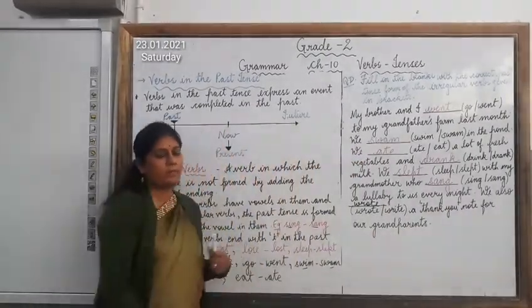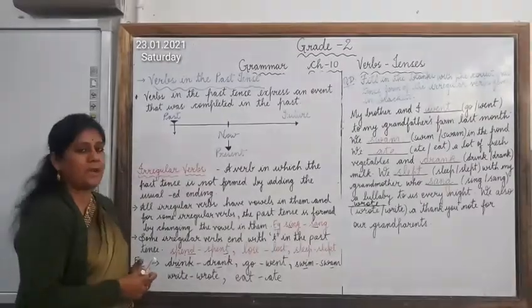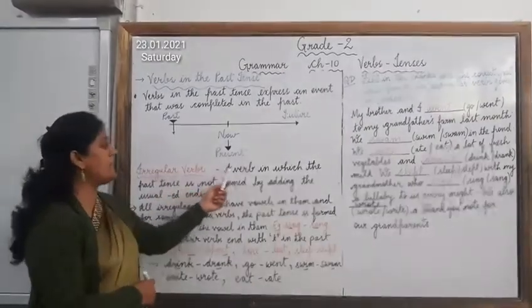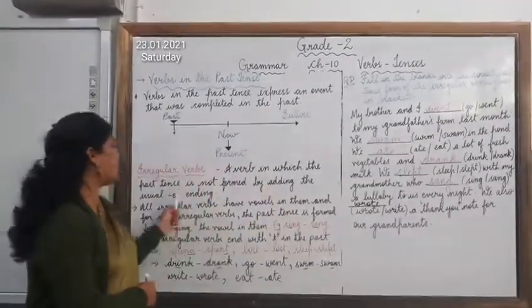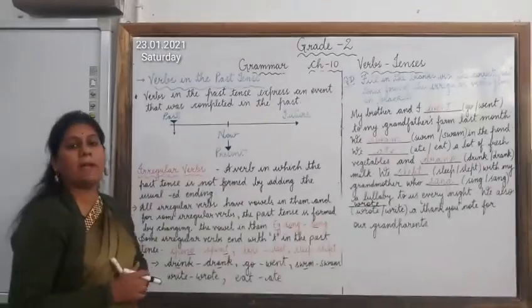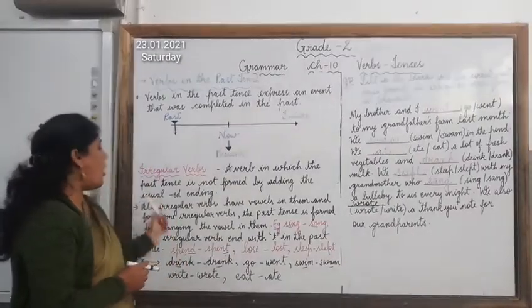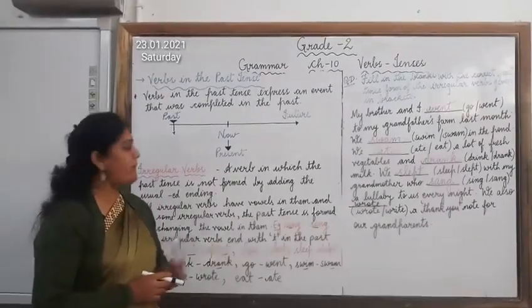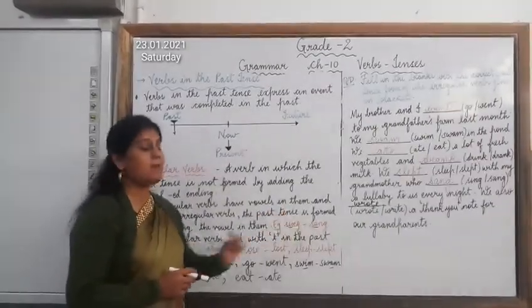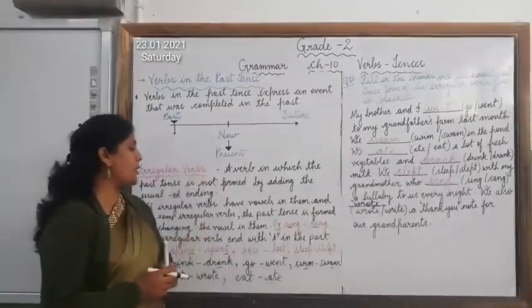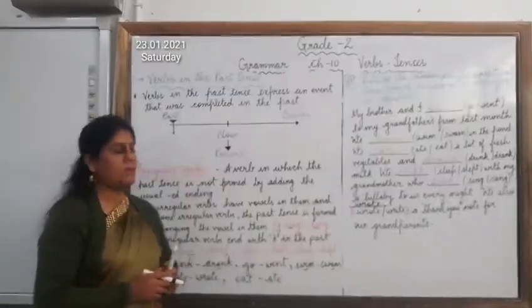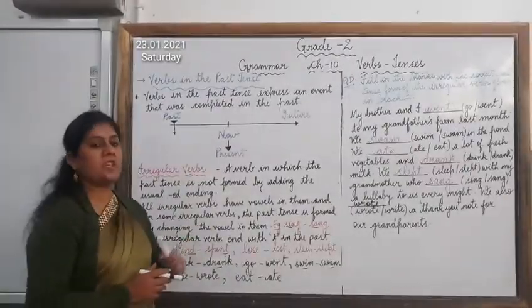So children, I hope that you have understood. Once again I am explaining it. Irregular verbs are the verbs in which the past tense is not formed by adding d or ed at the end. All irregular verbs have vowels in them, and for some irregular verbs the past tense is formed by changing the vowel.